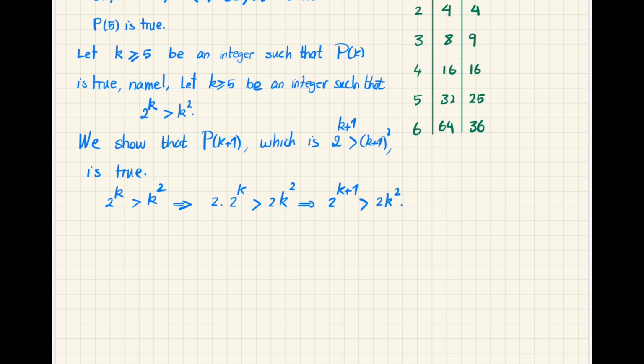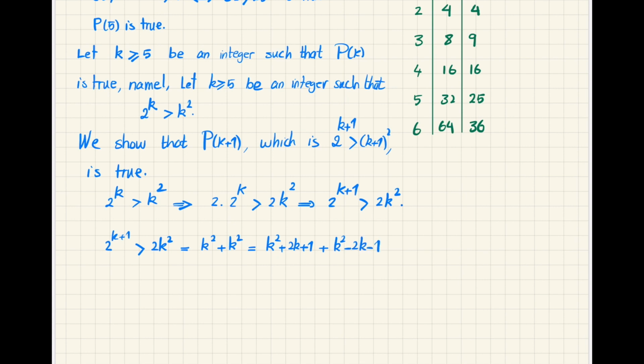Okay, now what I can see is that 2 to power k plus 1 is greater than 2 times k squared. But my goal is to show that this expression is greater than k plus 1 to the 2. So for example, I can write this as k squared plus k squared. And then I can write it as k squared plus 2k plus 1, but plus k squared minus 2k minus 1.